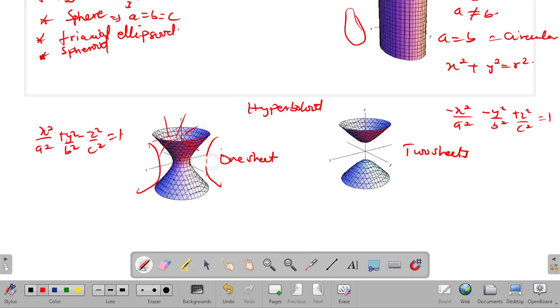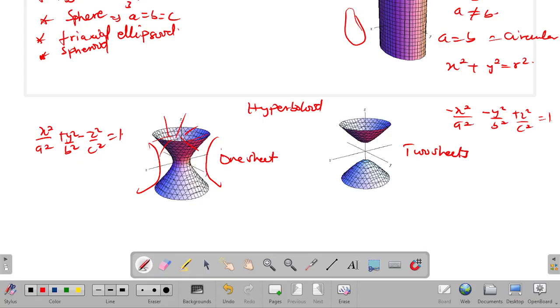So here with the one sheet, you only have the z to be negated, right? Then here you have two separate dimensions to be negated, and they are separated. The two sheets are not together, they are separated. This is a hyperboloid with two sheets. It's like you separating this in a way. So that is, and it also rests at the origin, converges at the origin.